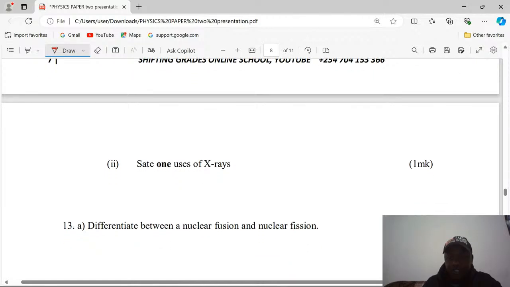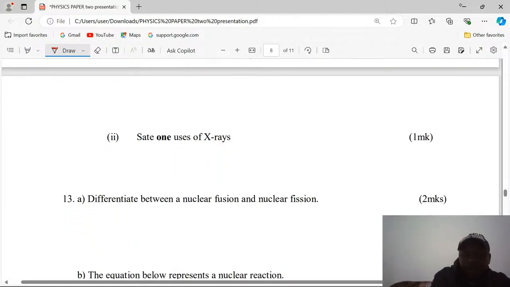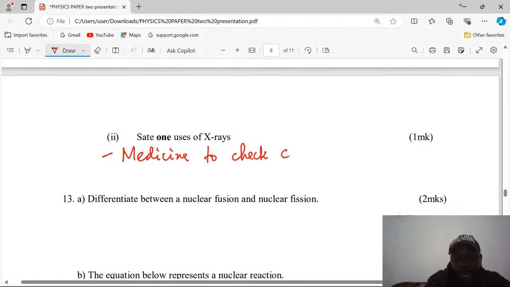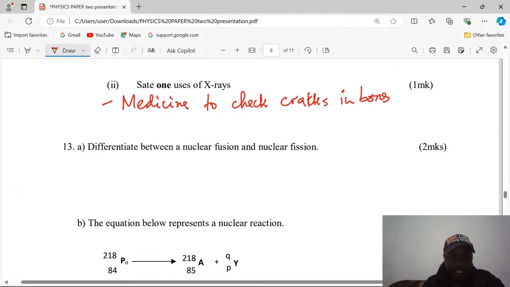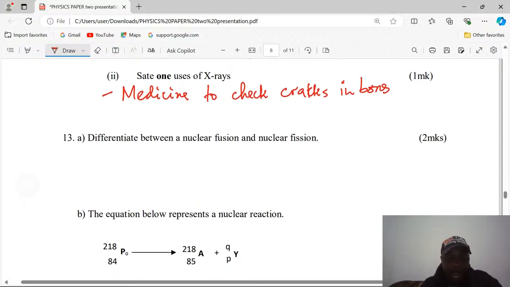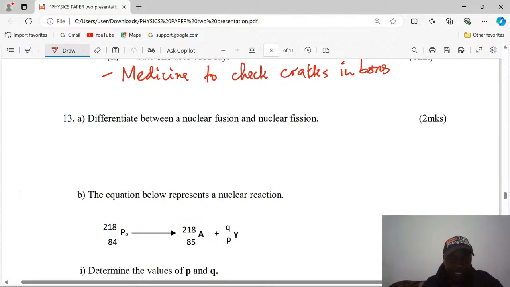They can be used in industries and in the medical field. They can be used in medicine to check cracks in bones, and also to check flaws in metals. They are applied both in industries and in the medical field, among other uses.